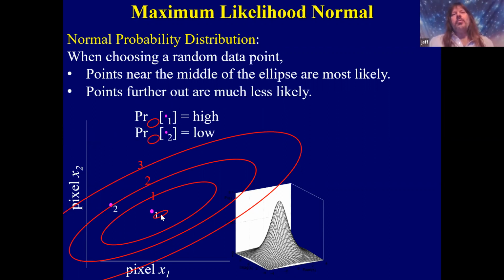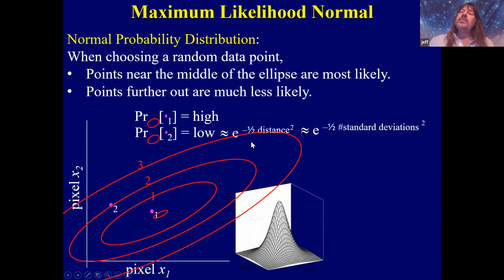On the other hand, what's the probability I get this guy? Well, it's a little further out, and so it's going to be a low probability. Everybody along this 2 circle is going to have the same low probability, and everybody on a 3 circle is going to be an even lower probability, right? And if you remember our definitions, it's basically you take how many standard deviations you are out, you square it, and it's sort of exponential decay based on that number of standard deviations you're out.